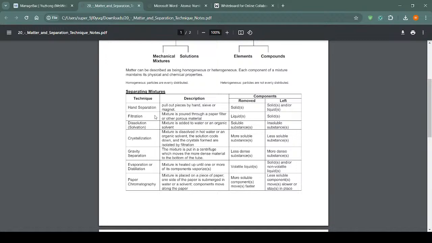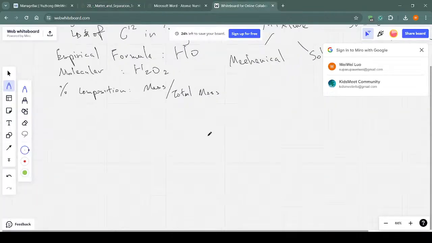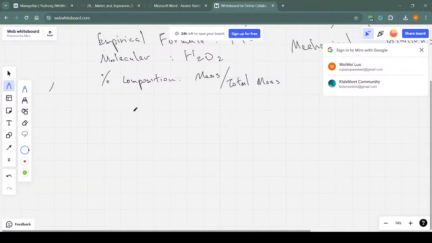Gravity. Okay, so we have, you can use a highlighter. Okay.